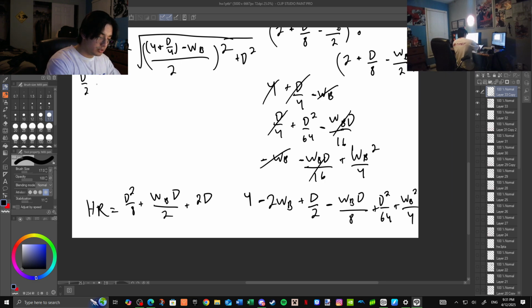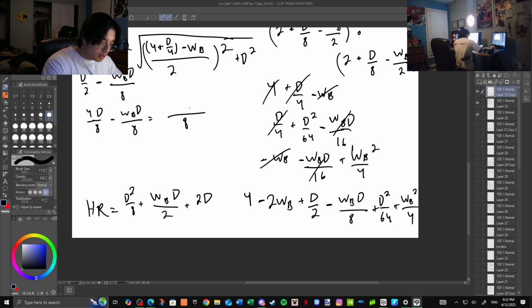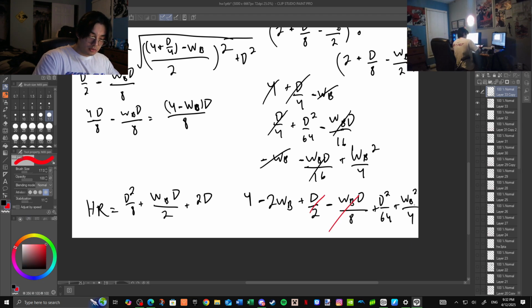Looking at these two, D over 2 minus WBD over 8, we can multiply this in order to get D over 8 minus WBD over 8. We can make this equal to a one-eighth fraction times the quantity 4 minus WB, all multiplied by D. So that gets rid of those two values.